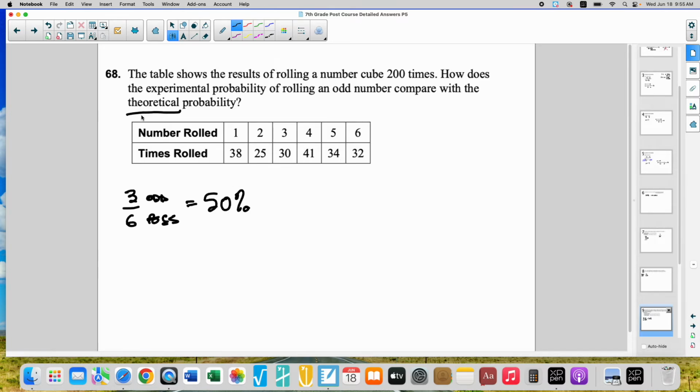That's the theoretical probability. Now, if we look at our experimental probability, we have 38 plus 30 plus 34 out of this total number.